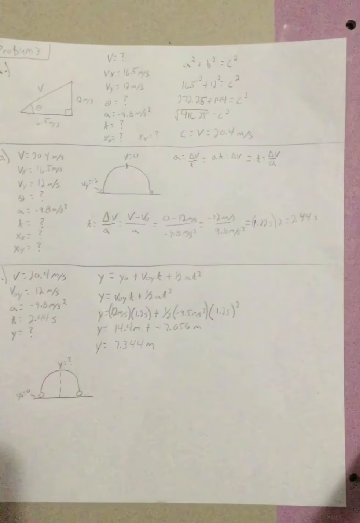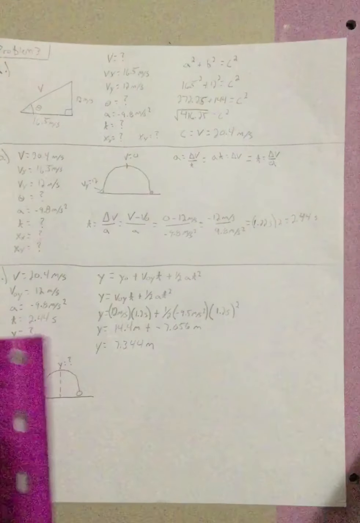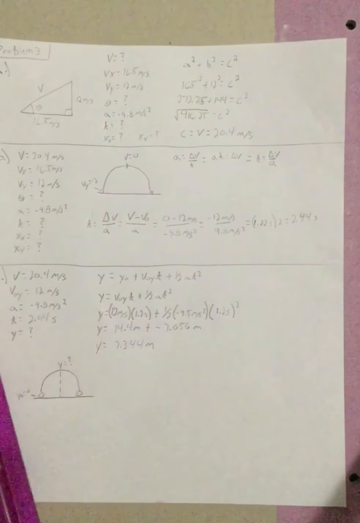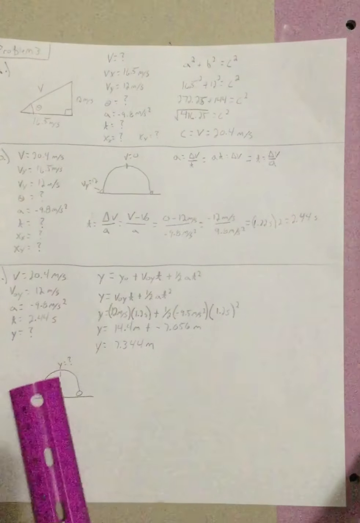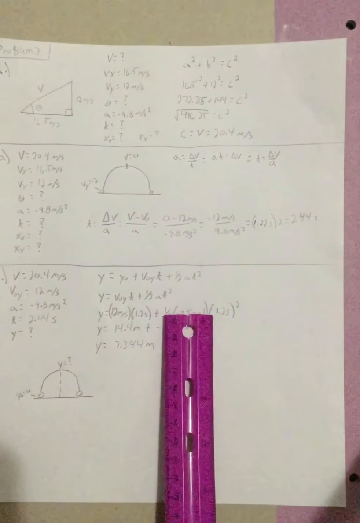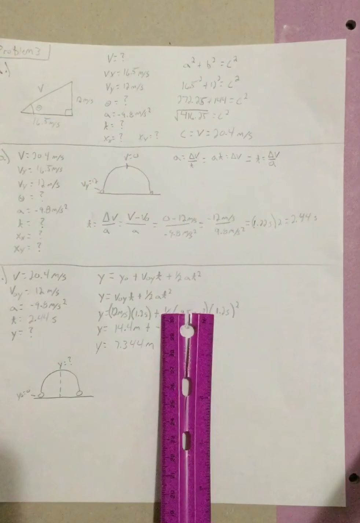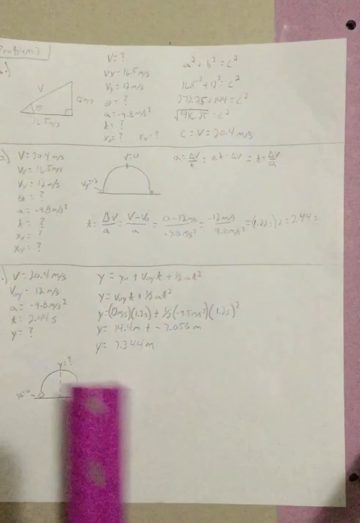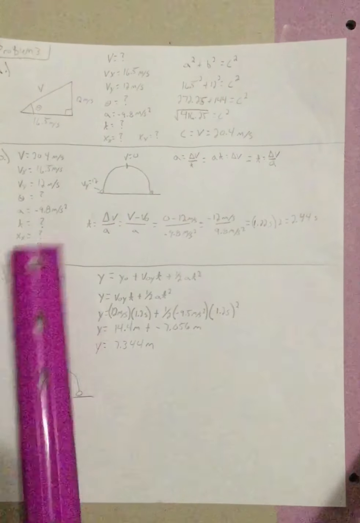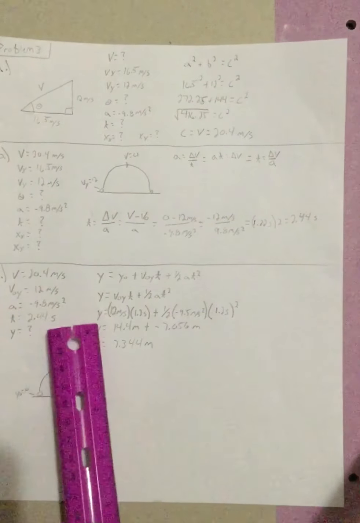t squared. Now, the thing to remember when you're looking at this problem is, even though our total time is 2.44 seconds, we're only looking at 1/2 of this. So we need to make sure that the time we use is 1.22 seconds, because it's the time from here to here again. So that's what makes it real nice to know that and get this done before this. So then we just plug everything in.